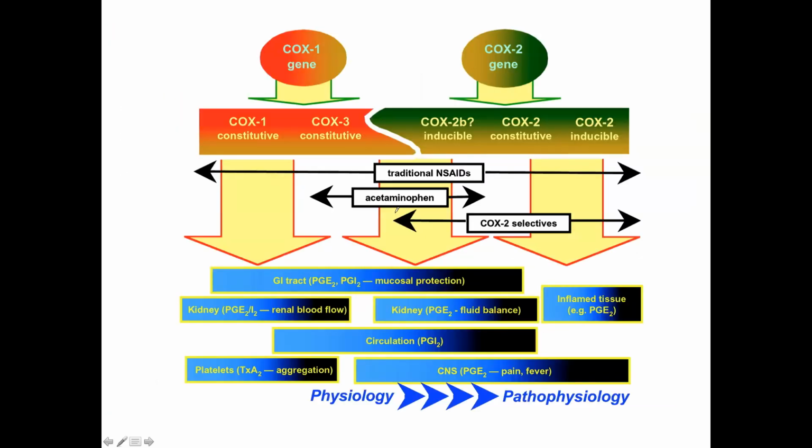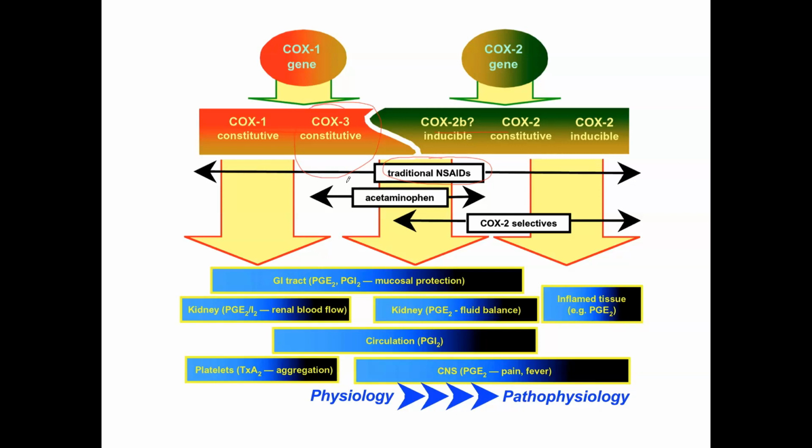This is another diagram, maybe a little bit easier to see what's going on. Here you have traditional NSAID medications kind of working across the board for cyclooxygenase 1 and cyclooxygenase 2 type inhibition. Acetaminophen. Notice acetaminophen is mostly this COX-3 inhibitor, which is why you don't get the anticoagulant effects with acetaminophen, but you do get the pain relief with acetaminophen.